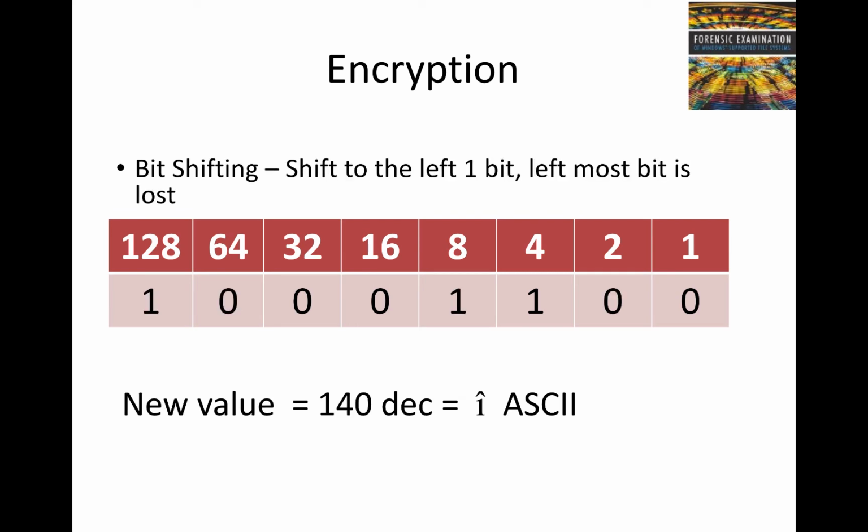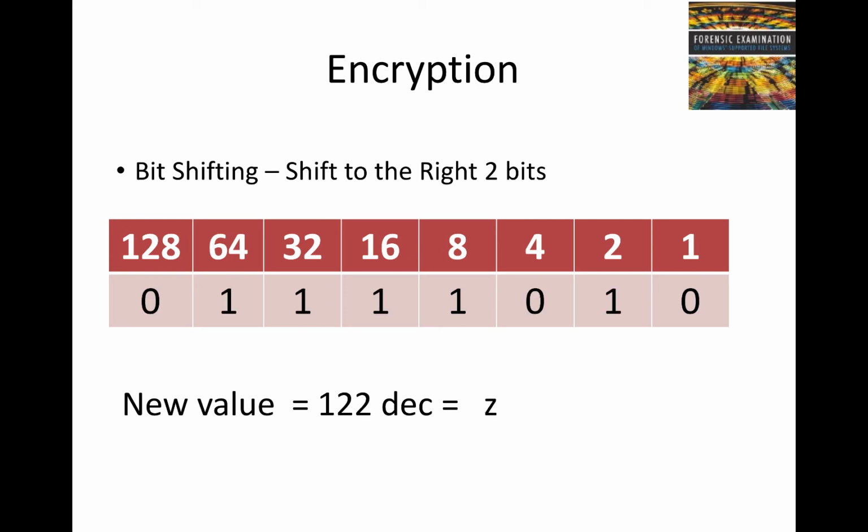So now our new value is decimal 140, and that's the little I with a caret over the top of it in the ASCII table. So we've just encrypted our data from that capital F to this I with a caret on it. I'm sure it has a name, but I have no idea what that is. So this is a very rudimentary encryption method.